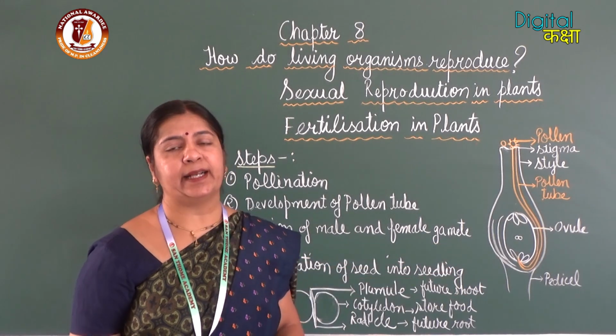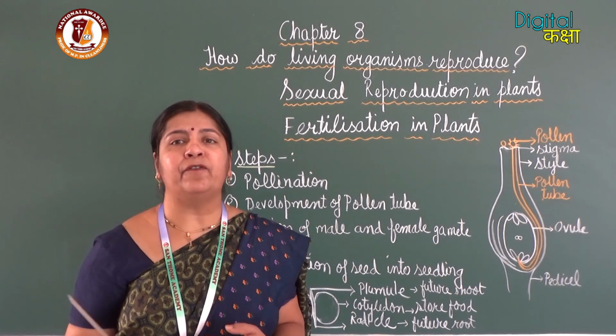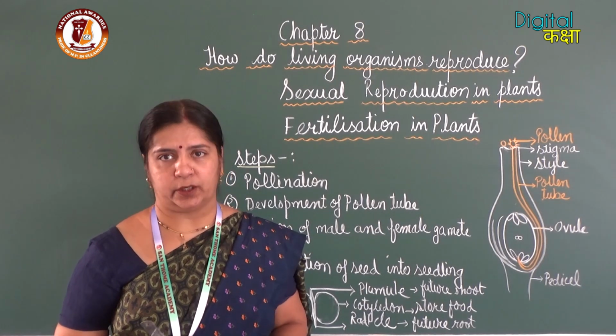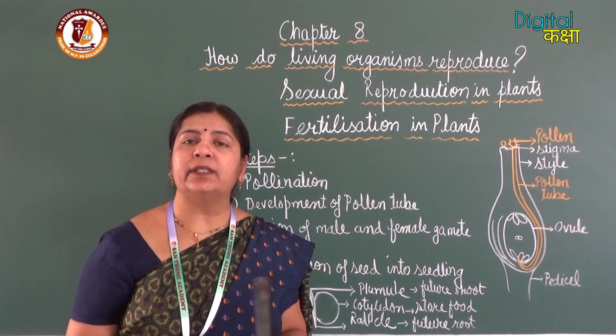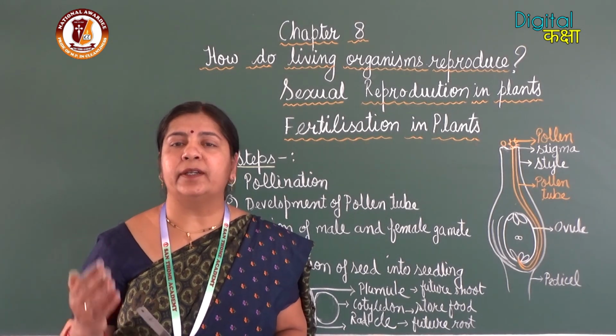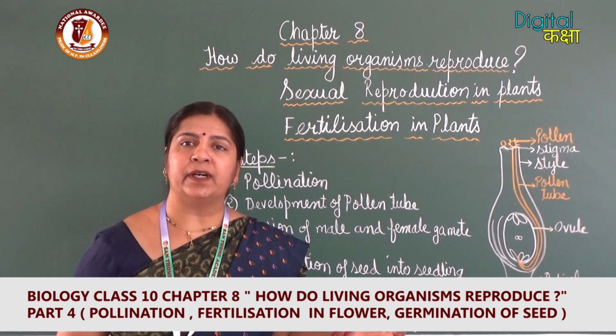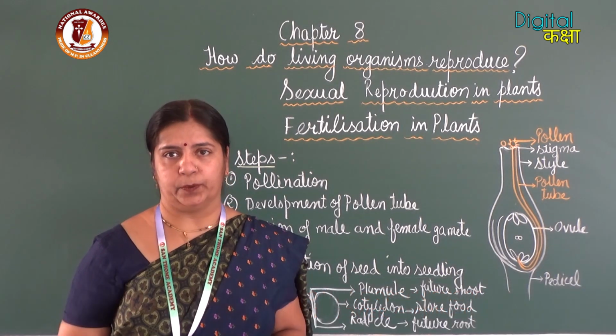Now after fertilization, the fertilized ovule will develop into zygote, which is a unicellular structure. In the zygote, repeated cell division will take place and the zygote will further develop into embryo.